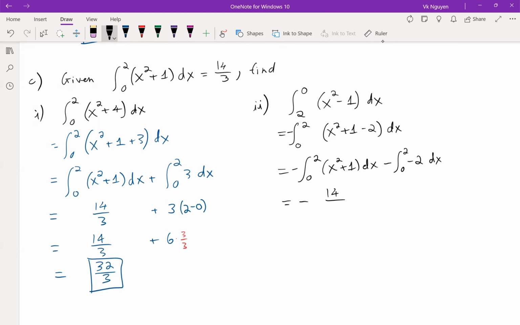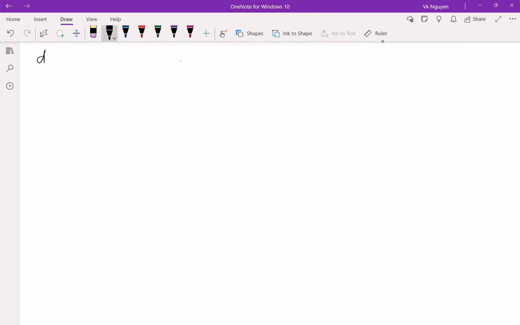Negative 14 over 3 minus, it is the negative 2 multiplied by 2 minus 0. And we have negative 14 over 3 plus 4. So 4, I'm going to multiply by 3 over 3 here, common denominator. And we have negative 2 over 3. Super cool.